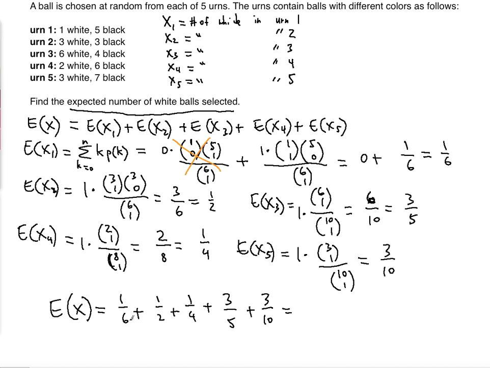So 6 has to be multiplied by 10, so we get 10. 2 has to be multiplied by 30 to give us 60, so plus 30. 4 must be multiplied by 15 to give us 60, so 15. 5 must be multiplied by 12 to give us 60, and 12 times 3 is 36. 10 must be multiplied by 6 to give us 60, so 3 times 6 is 18.